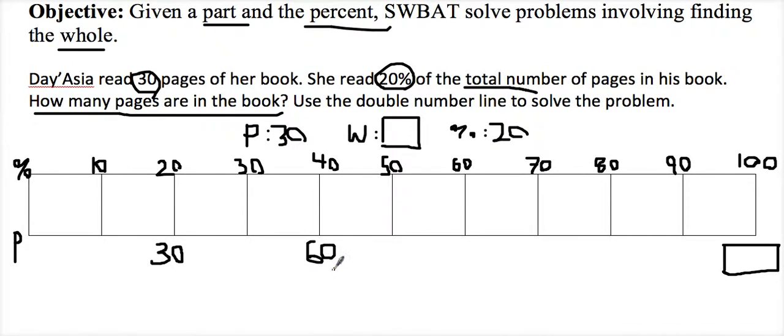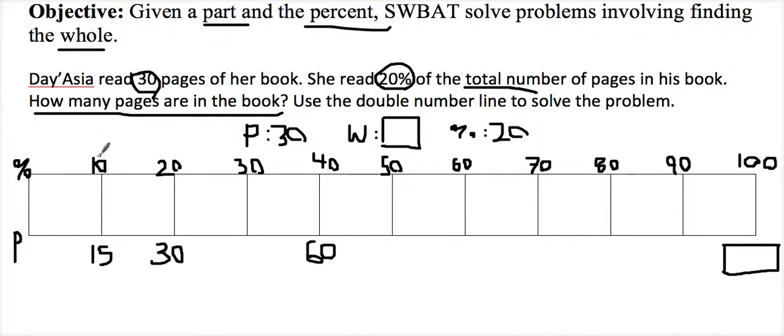Go ahead and solve, sorry for the musical interlude, I don't know what that was. Go ahead and solve for what was the total number of pages in the book. All right, so what you could have done, you either could have said, all right, 20% equals 30 pages, so half of that, 10%, is 15.